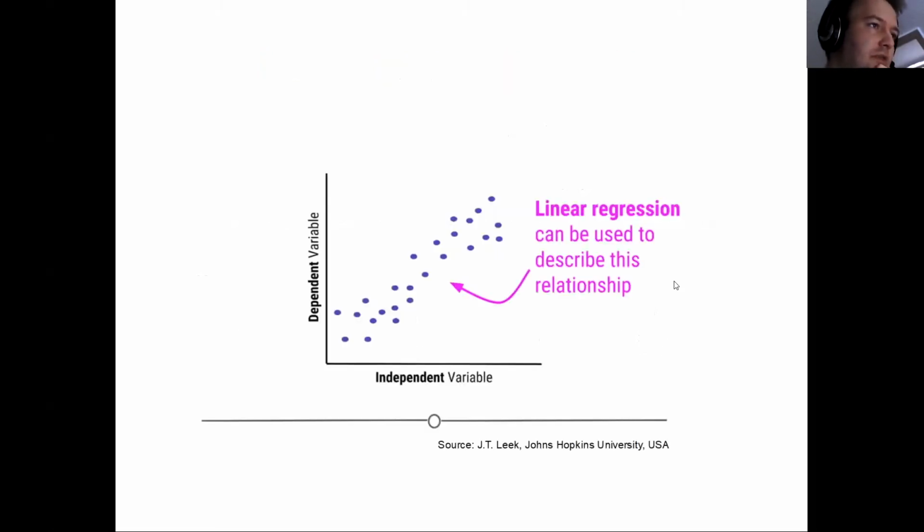And I think it's always better to have it in pictures. So this may have looked kind of mathematical and intimidating, but think of it just like this here. We have a scatter plot, and we have some independent variable that we call x, and some dependent variable that we call y.